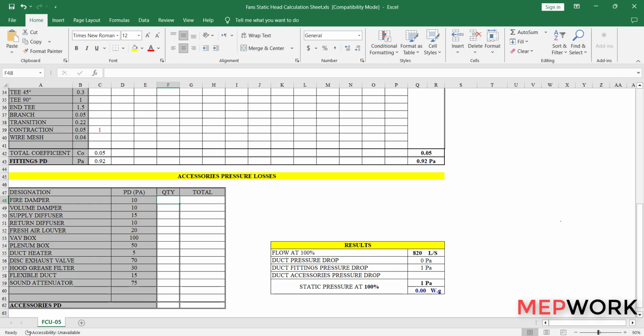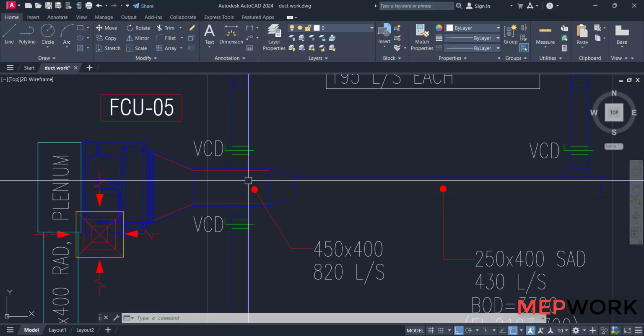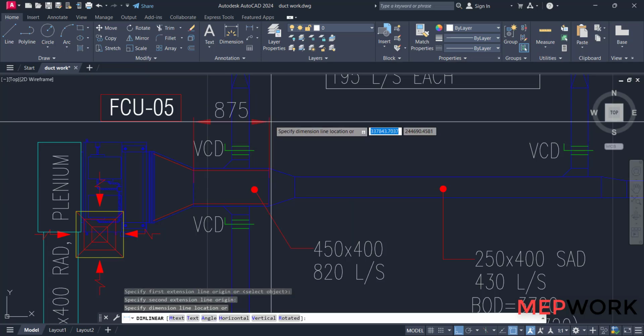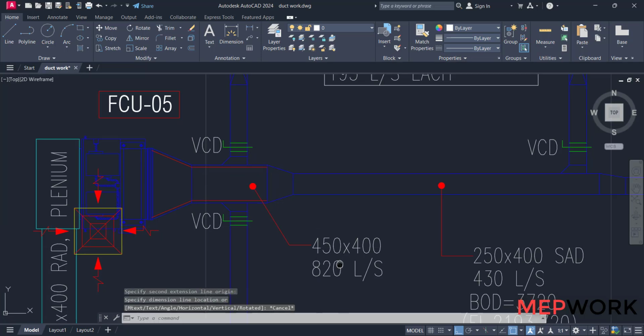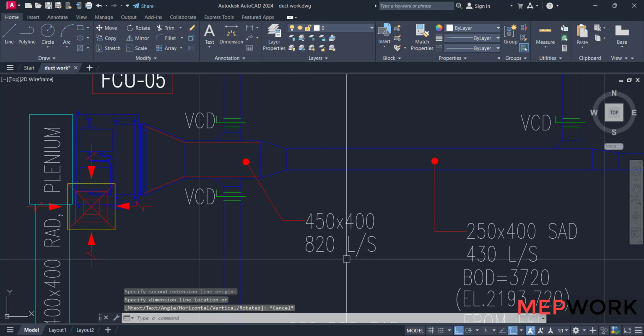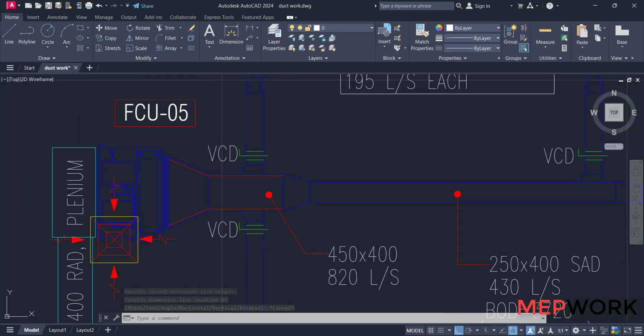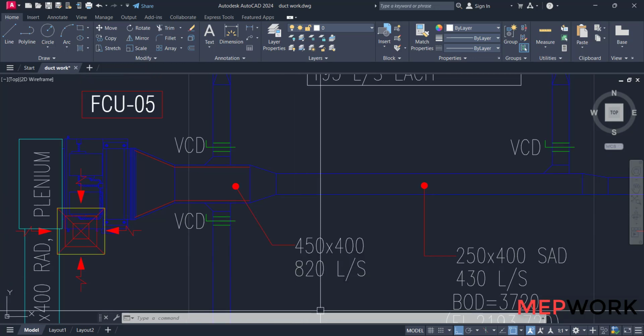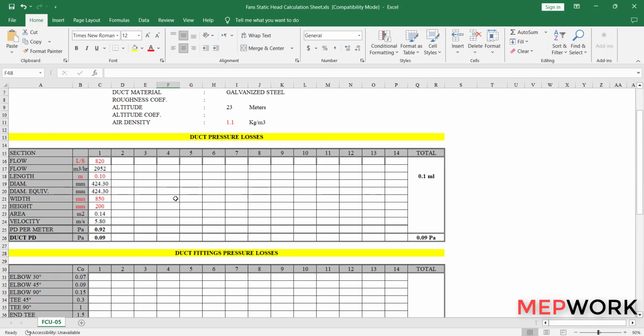After that, we will go to the second part of the duct. Measure the length, 875, the flow 820 liters per second, the size is 450 times 400. This is the second part.